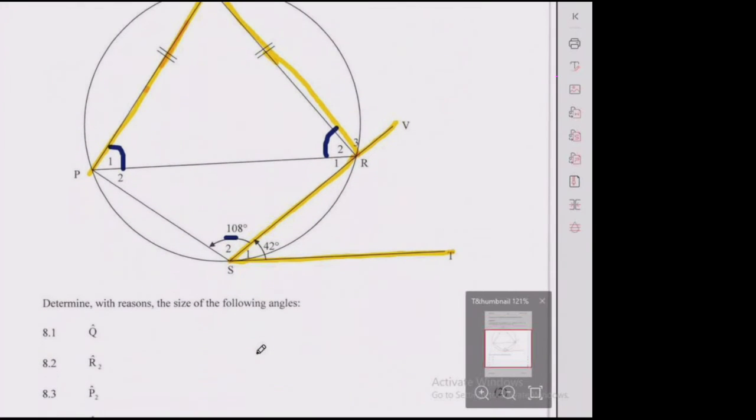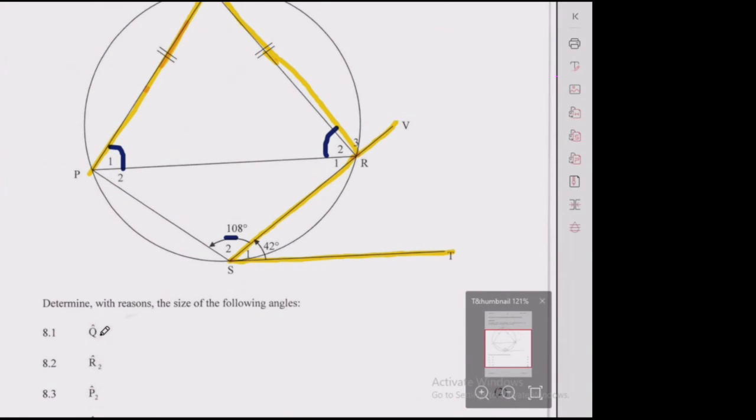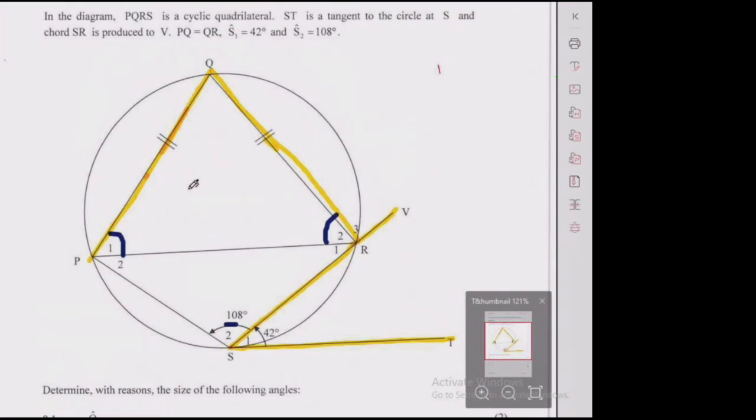So let's read what the first question says. Determine with reasons the size of the following angles. The first one that we need to find is angle Q. Now, if this is angle Q, and we are given this as a cyclic quad, can we look at the opposite angle and see if we can solve it that way? Yes, let's try it.